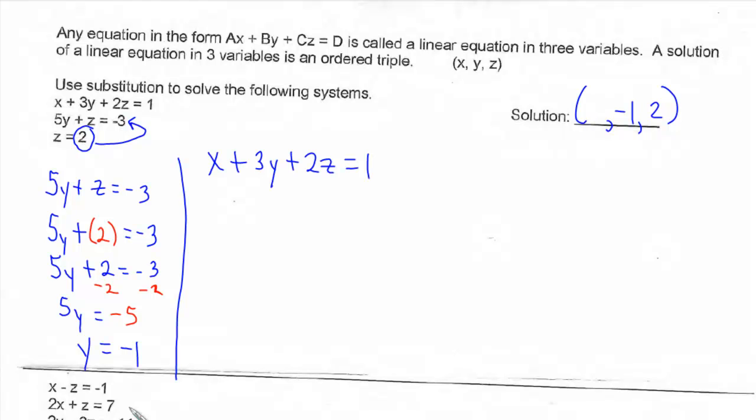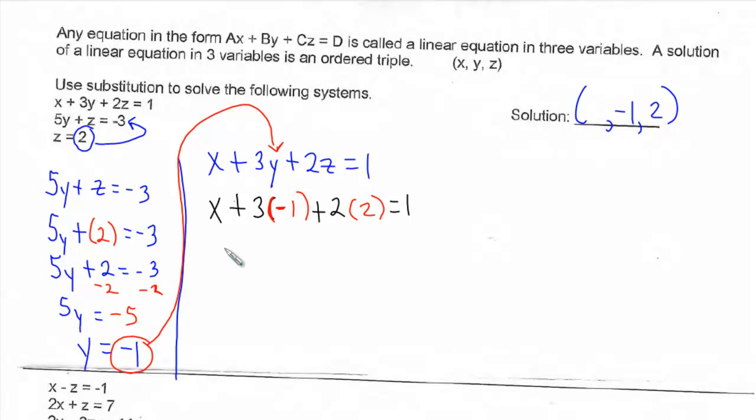Now that I know y and z, I could substitute both of these back into the first equation. I don't know x, but y is negative 1, and z is 2. Now let's simplify, and we get x minus 3 plus 4 equals 1.